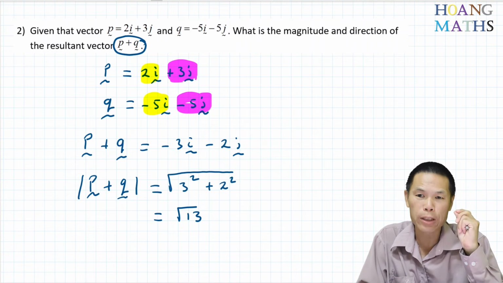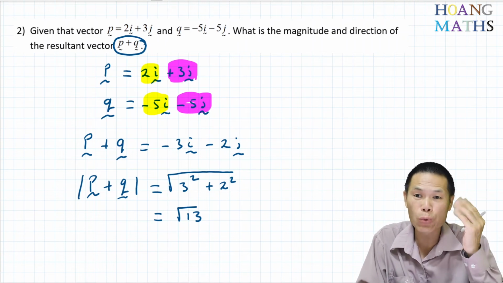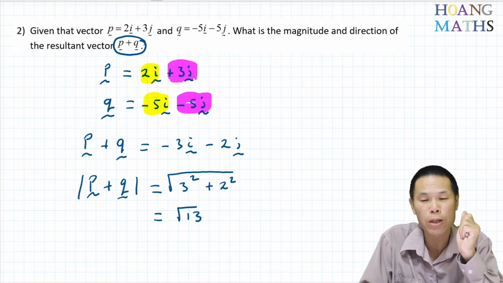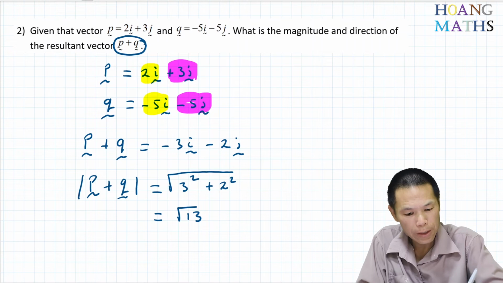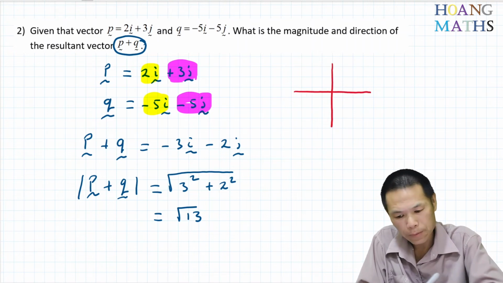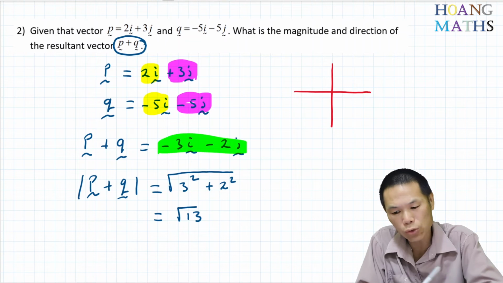Now we need to work out the direction of the resultant vector. To do that, we need to know which quadrant the resultant vector is in. So let me quickly draw a diagram. The resultant vector is negative 3i minus 2j.